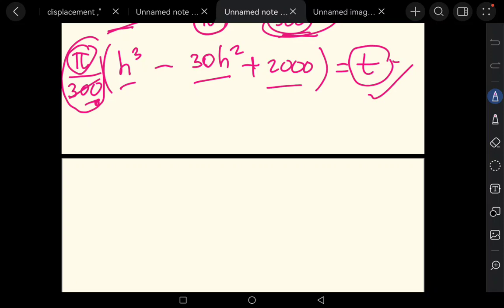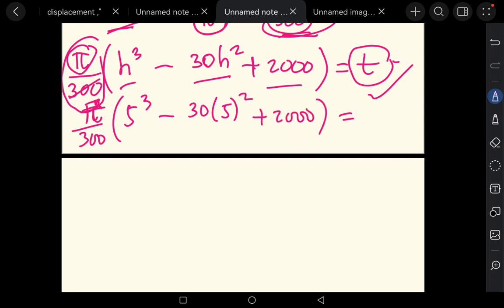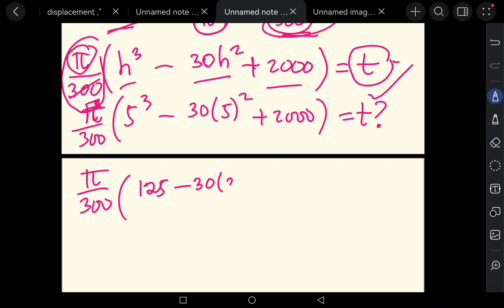So this is 5 cube pi over 300 minus 30 times 5 square plus 2000. And the time equals pi over 300, 125 minus 30 times 25 plus 2000.